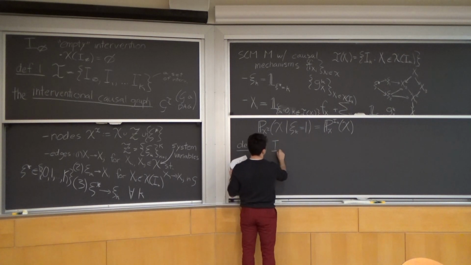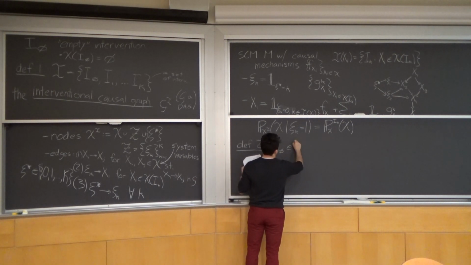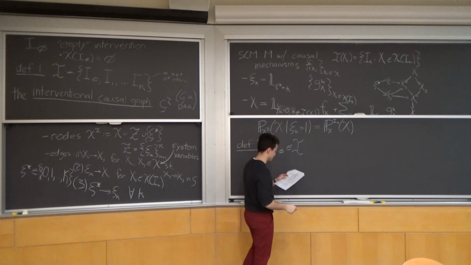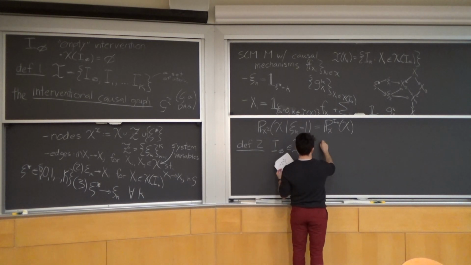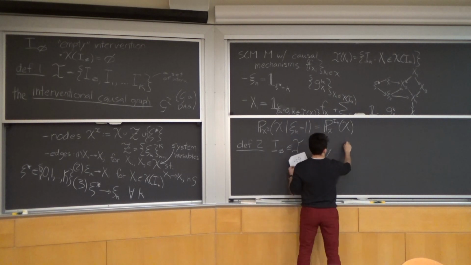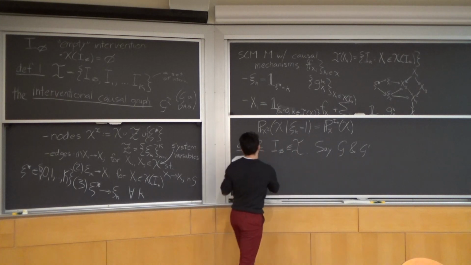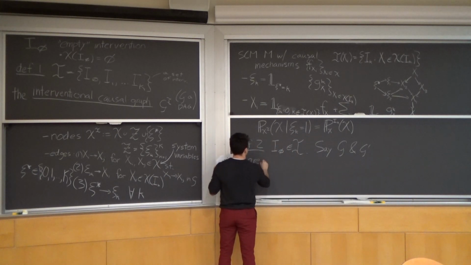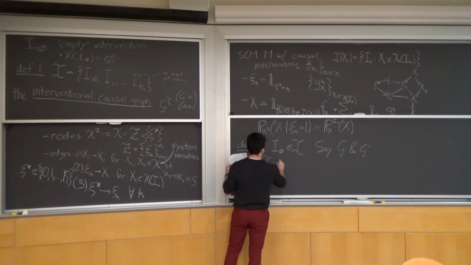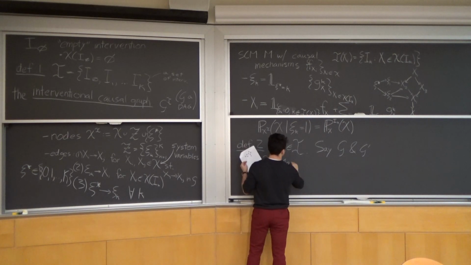Again, we'll have this set of interventions, calligraphic I, such that there's observational data in there. Then we're going to say two DAGs, G and G prime, are I-Markov equivalent, or interventionally Markov equivalent.